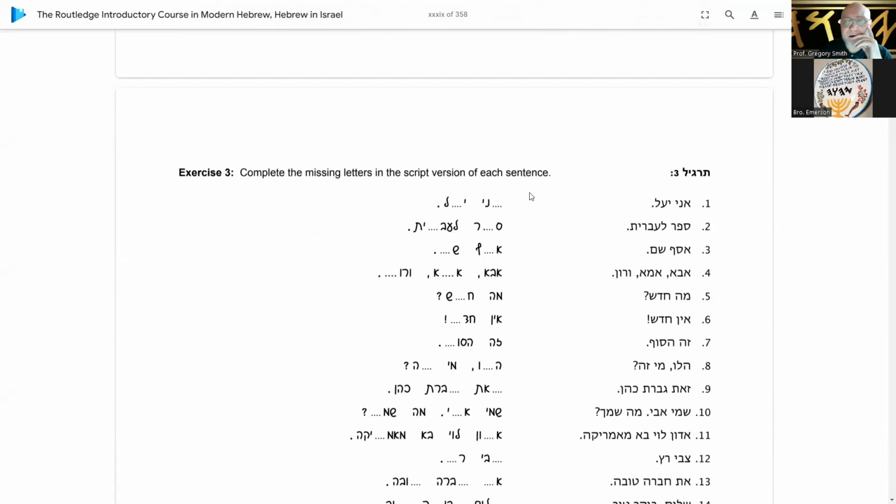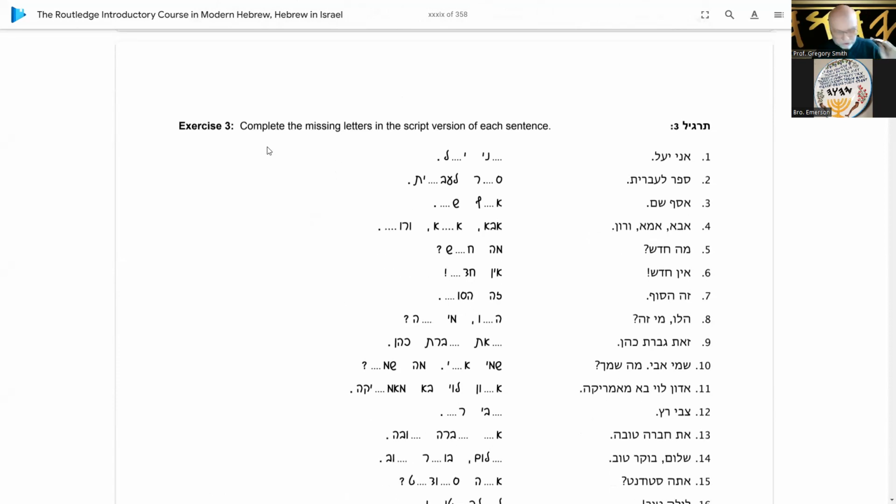We have Targil 3. And let me double check our time because it's a bit laborious to do these exercises here. Okay, so we got about 40 minutes on this.